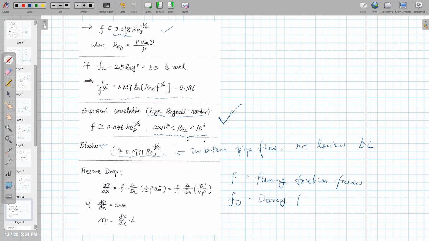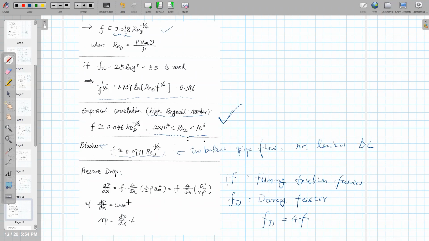I just want to emphasize it again because in some textbooks the F value they write is basically 4 times this value. That's because they are using Darcy, not the Fanning. For Darcy this is equal to 4 f.